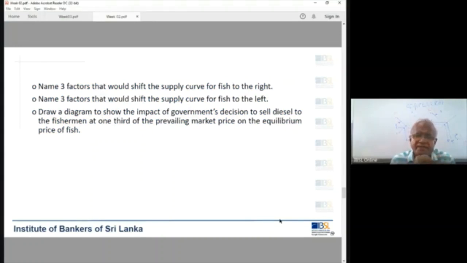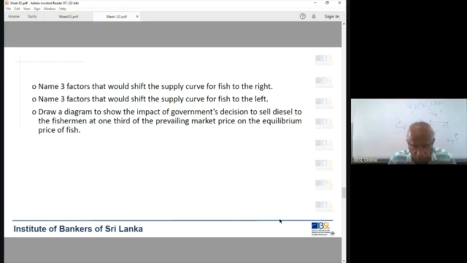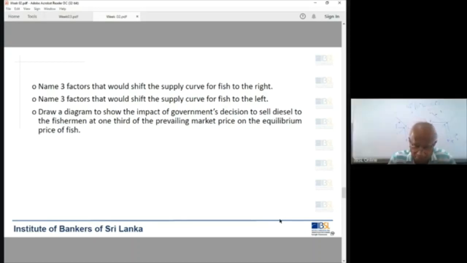Name three factors that would shift the supply curve of fish to the right. To the right means an increase in supply. Tell me, decrease in oil prices, diesel prices, is one of the factors. Other two factors, tell me. Technology increase. Improvement in technology. Very good. Then decrease in taxation.